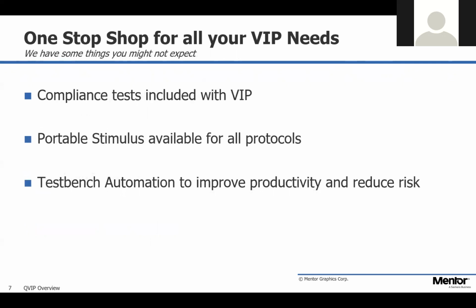And then to go to the next level of traffic generation, you can even step beyond the constrained random and go to what's called portable stimulus, which is a topic for another webinar.